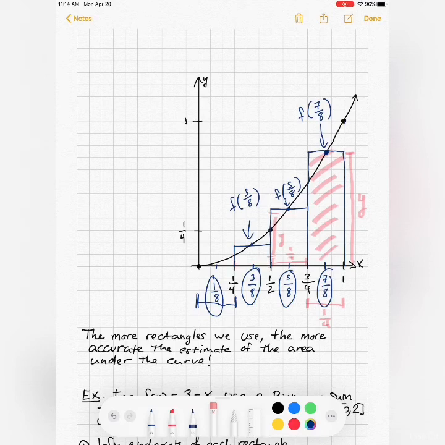Okay, and then one more rectangle. This one's a little small. And like so. And so that's f of 1/8. So I have to figure out what each of those y values are. Okay, that's how I'm going to be able to find the area of those rectangles.